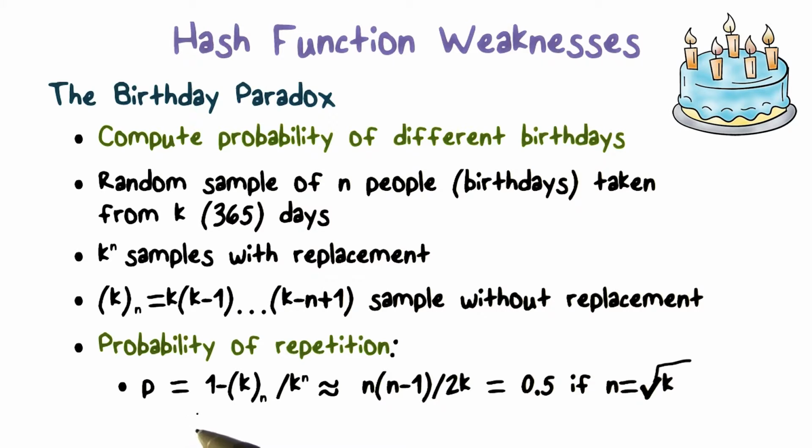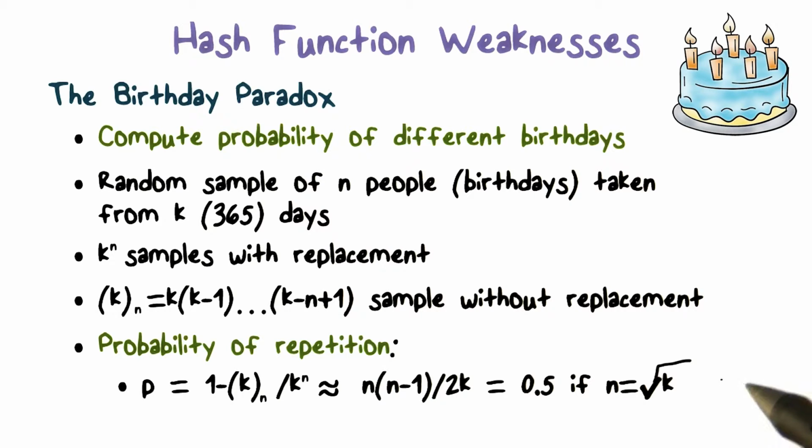Then we can use this formula to compute the probability that there's a scenario where 2 people share the same birthday. And this can be approximated to n(n-1)/2k. Therefore, if we want this probability to be 0.5, meaning that there's a 50% chance that 2 people will share the same birthday, then n should be approximately the square root of k.